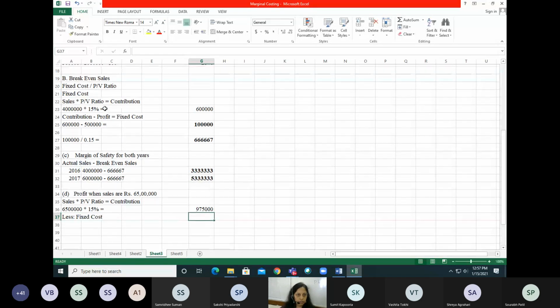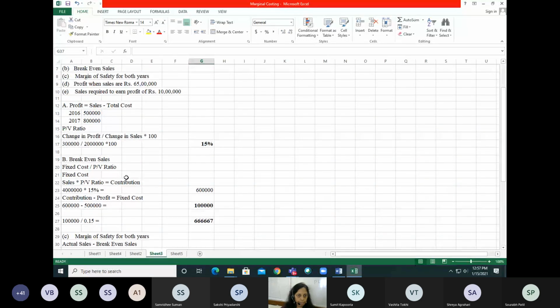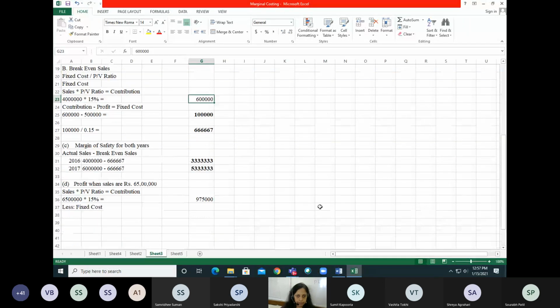Fixed cost we have calculated already. Fixed cost is 1 lakh, sorry.